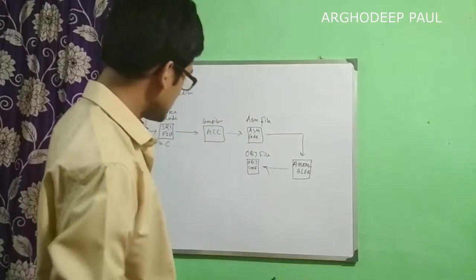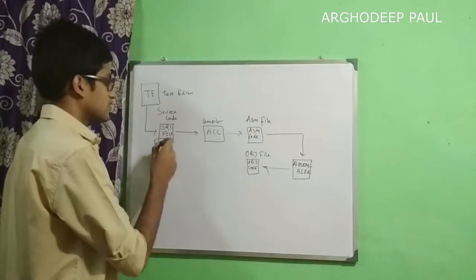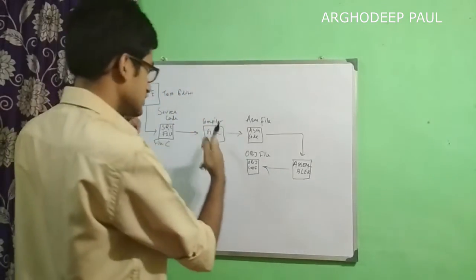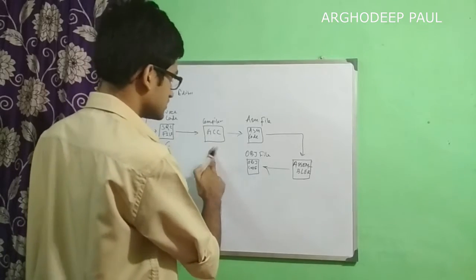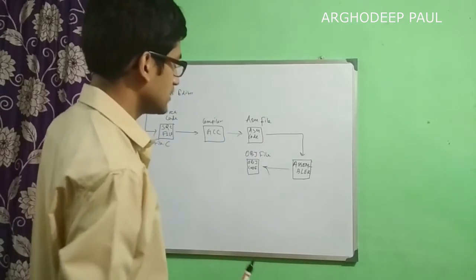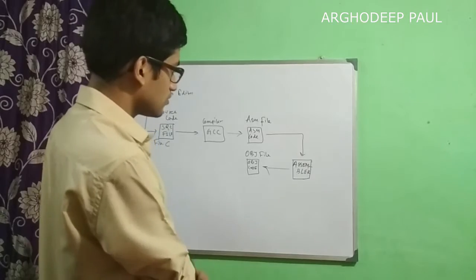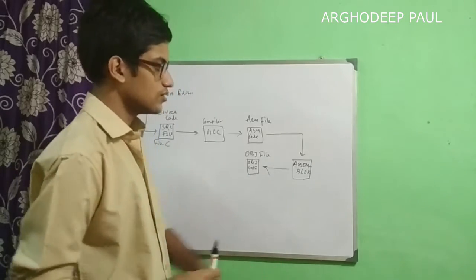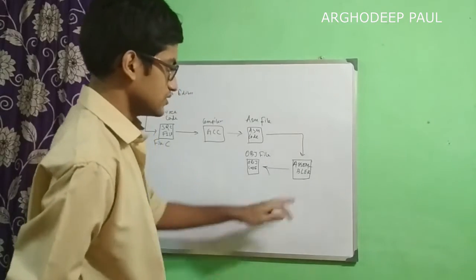So the picture is clear. First, the source file, when processed by the GCC, we are getting the assembly file which contains the assembly code, which is again further loaded into the assembler, which is a program.